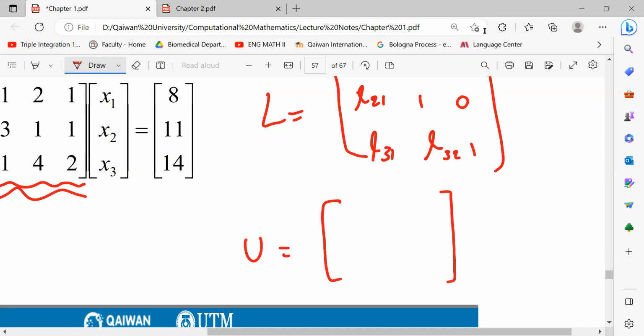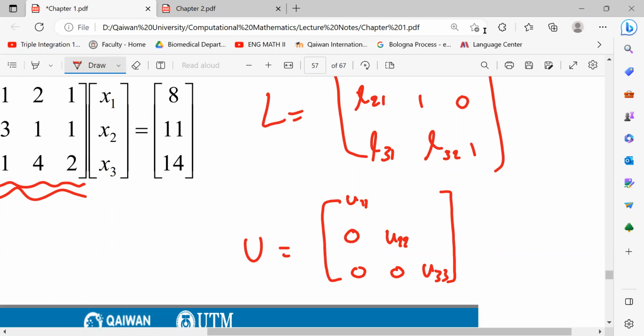It is U11, U12, U22, and U33. The elements below are all 0. How about the above ones? The above ones are not 0, because it's an upper triangular matrix.